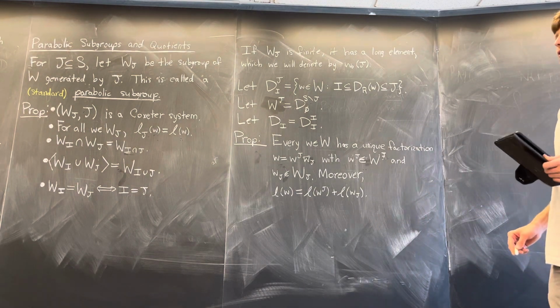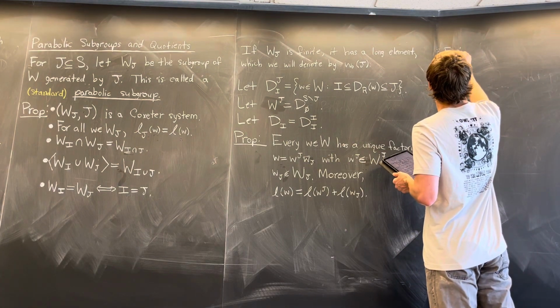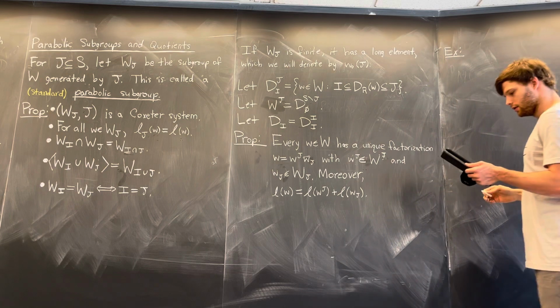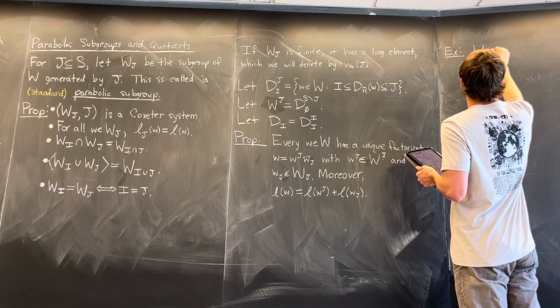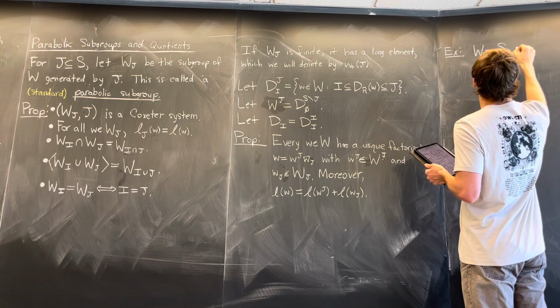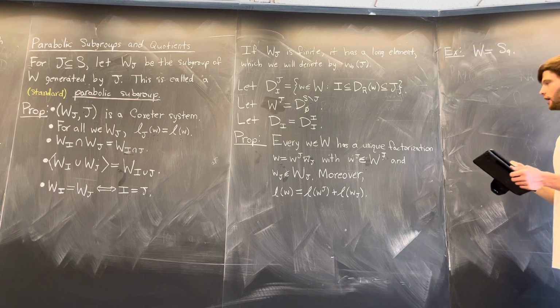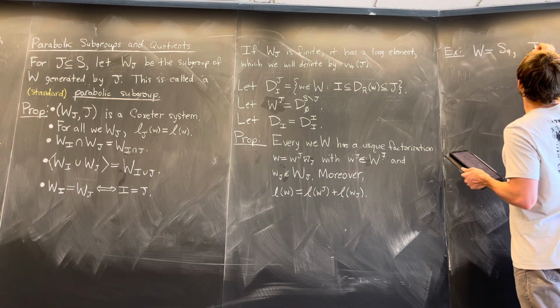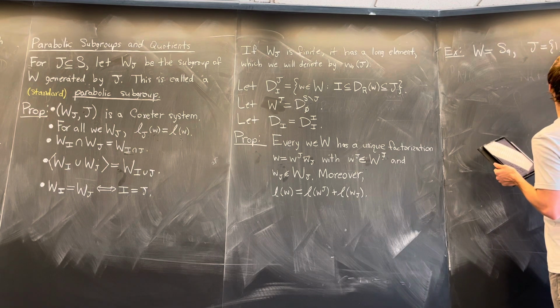So let me do an example. Let's say W is the symmetric group S9. And let's let J be 1, 2, 4, and 7.